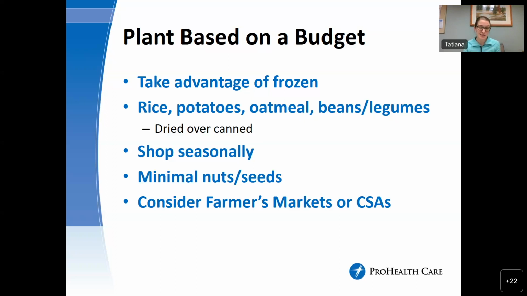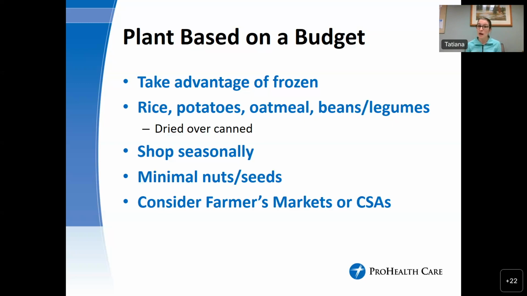Some research has done some math and shown that when folks follow a whole food plant-based diet, they can save up to $750 a person per year compared to following the standard American diet. So it is doable and it absolutely can help us to save money if we're being strategic about it.